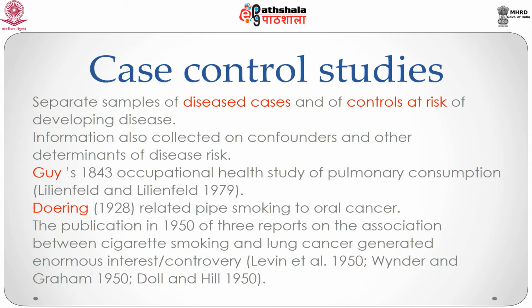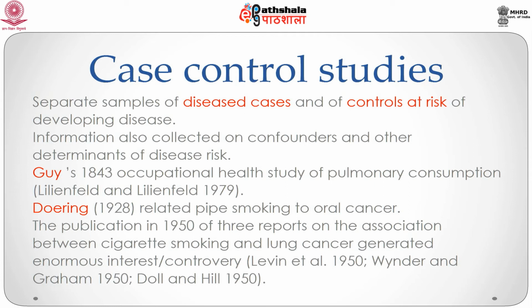So here we start out by taking separate samples of cases. By case we mean an individual who has the disease under consideration at study onset. So we take a sample of cases and a separate sample of controls. By control we mean a person who does not have the disease at study onset but is at risk to develop the disease during the study period.